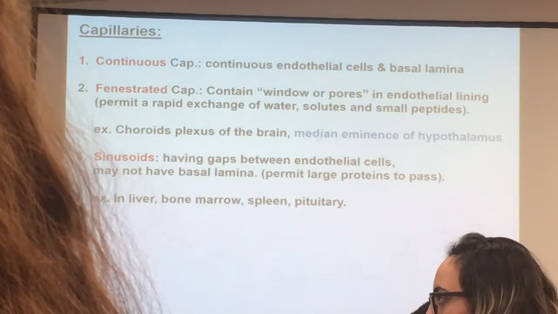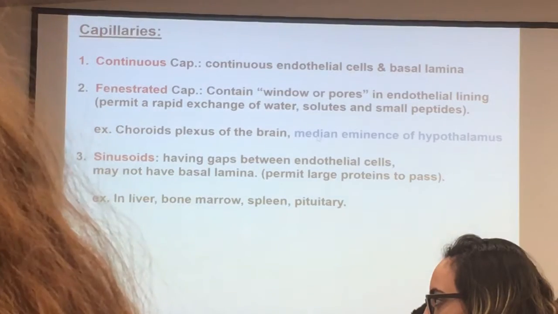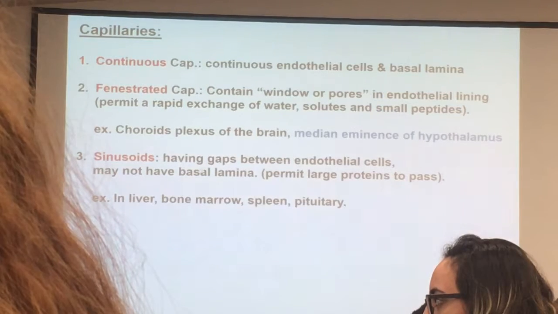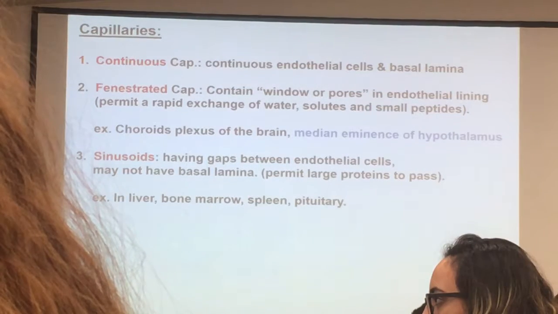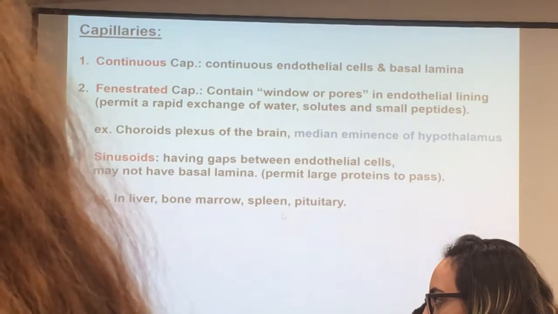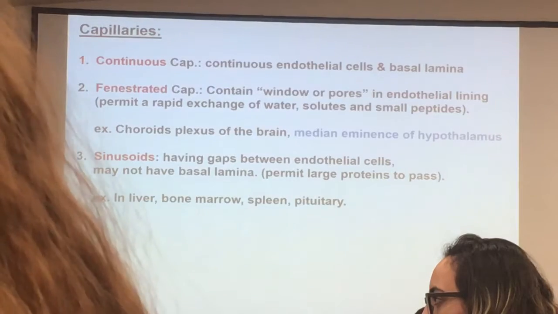The median eminence, the lower part of the hypothalamus, allows small peptides, small molecules to go out. Sinusoid is majorly in the bone marrow, the liver, the spleen and some pituitary. They allow even protein to go out.